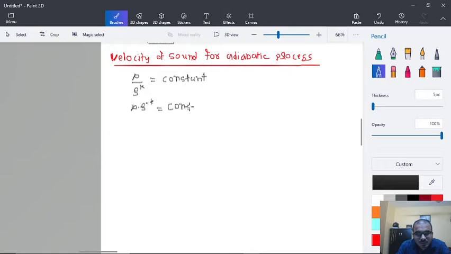So again also we are going to differentiate this equation. So here P into minus k into rho raised to minus k minus 1 d rho plus rho raised to minus k dp is equal to 0.